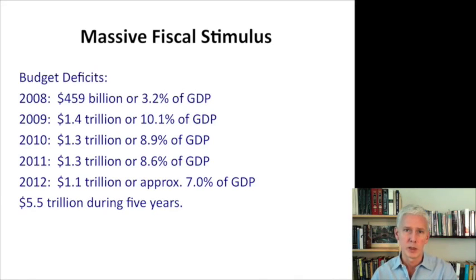As a percentage of GDP, that peaked at 10% of GDP in 2009, and even last year, it still amounted to 7% of GDP. So over the last 5 years, the government has accumulated $5.5 trillion in budget deficits, and through that deficit spending, stimulated the economy.